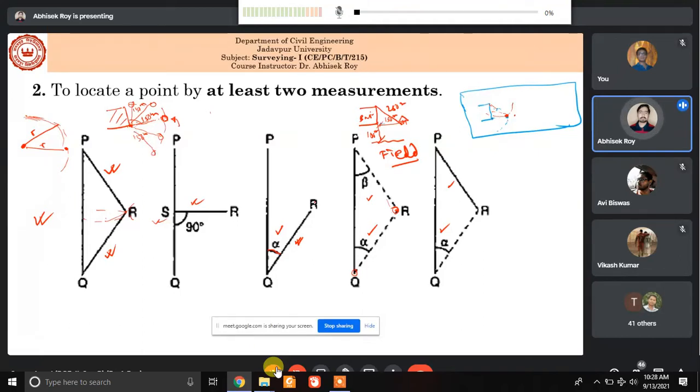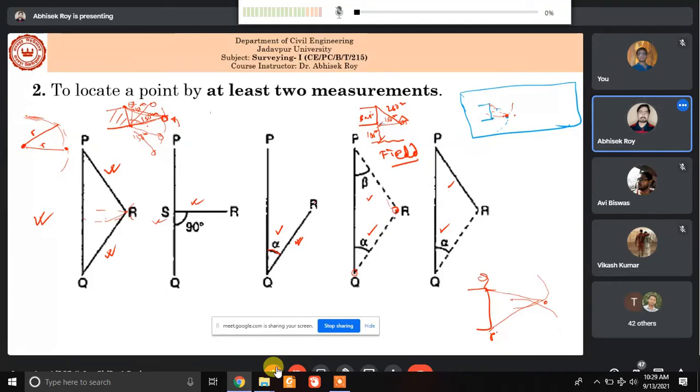But how are you sure of this tree, and how are you able to plot these things in the drawing? For that reason, you should have at least another measurement. That means at least two measurements. You can have a distance from this point P and a distance from this point Q. A point having 150 meter distance from this end P of the building can be several, and 170 meter distance from Q can be several points.